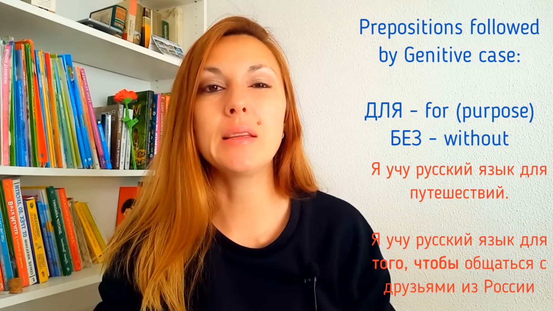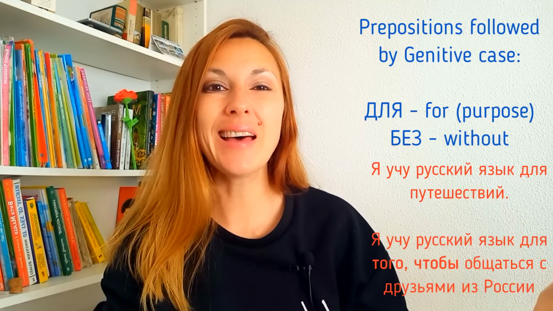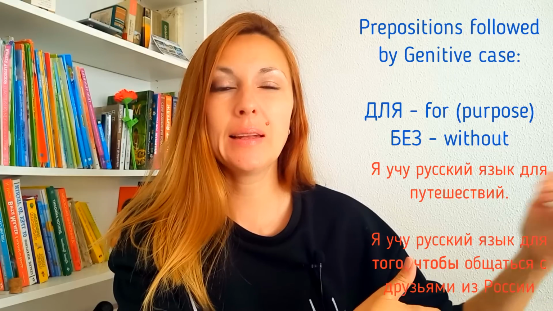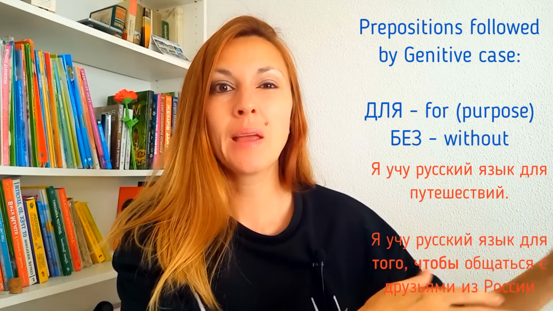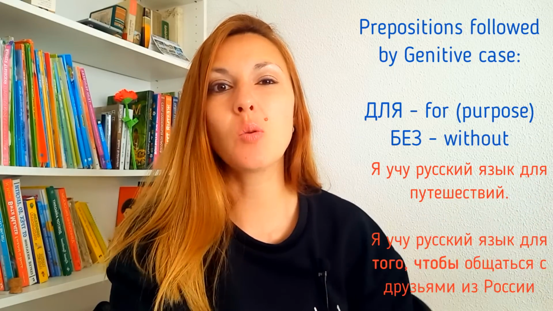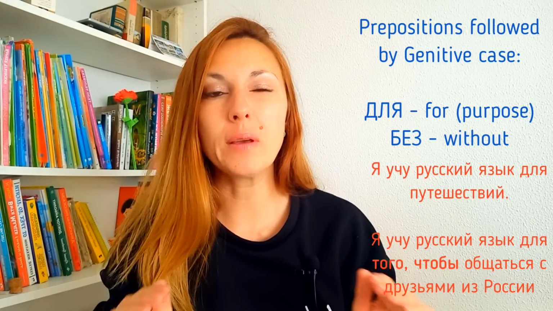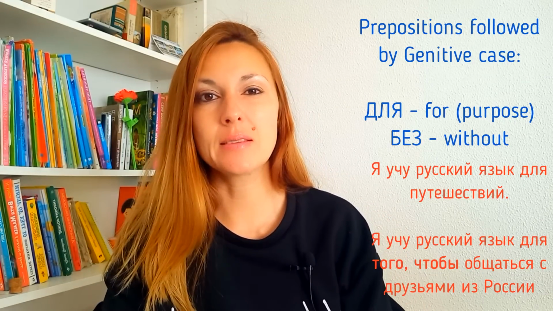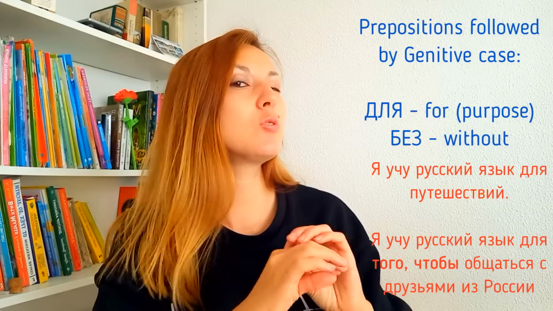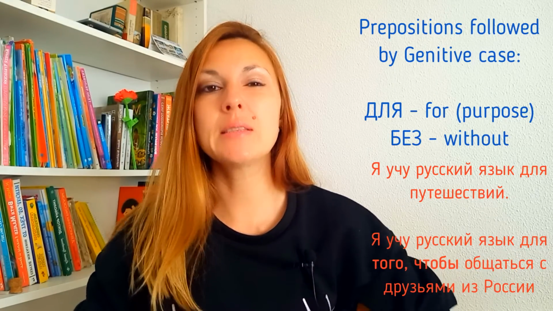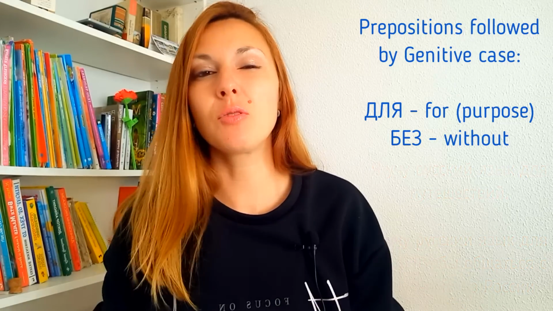Literally, that means for that, and then again, so that. Для того, чтобы. And then comes our sentence, our phrase. It is always like this in all cases, but in genitive case that is used very, very commonly. We need to practice it very, very carefully.